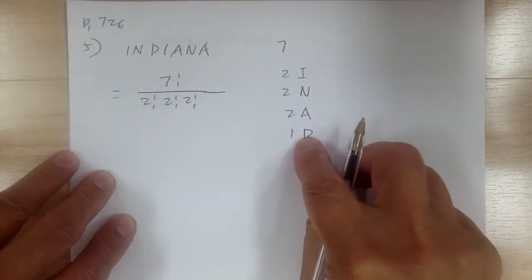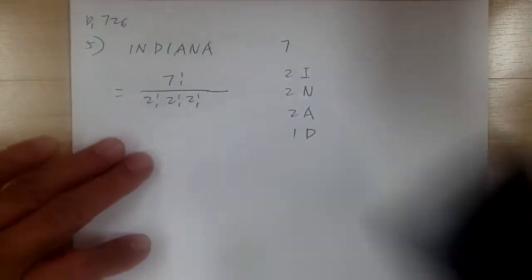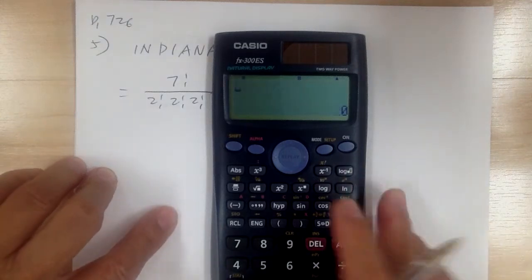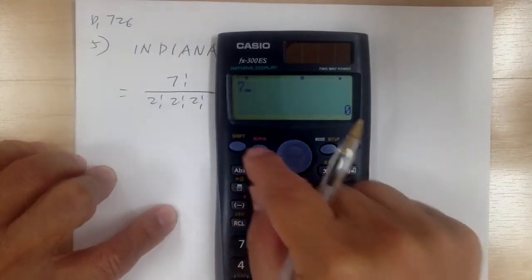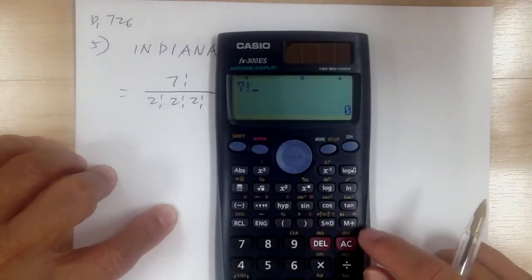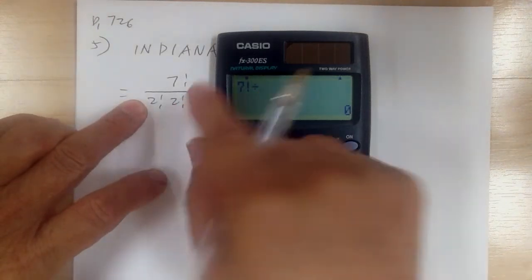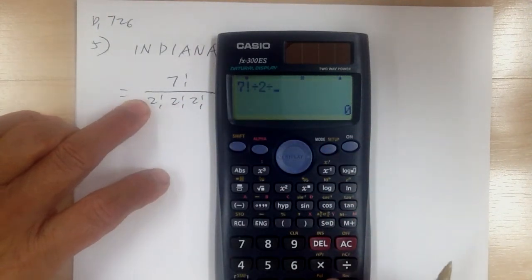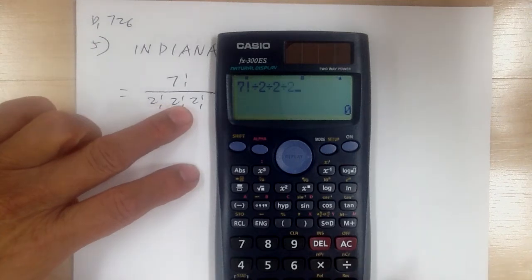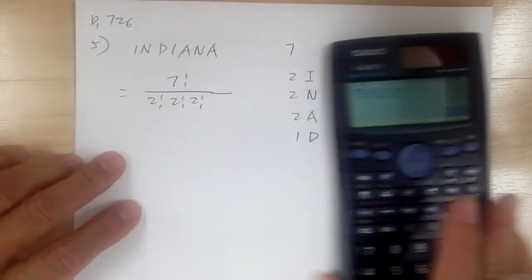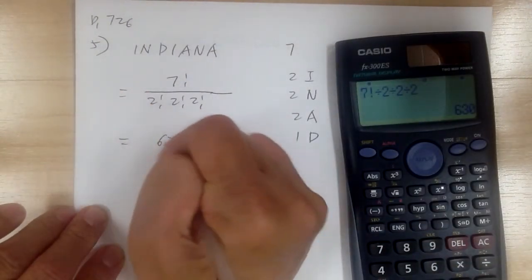And again, 1 factorial is 1, so I'm not going to write it over here. Okay, so go and get your calculator. So 7 factorial divided by 2 factorial is just 2, so I'm just going to divide by 2, divide by 2, divide by 2, okay, and push equal. So this will equal 630.